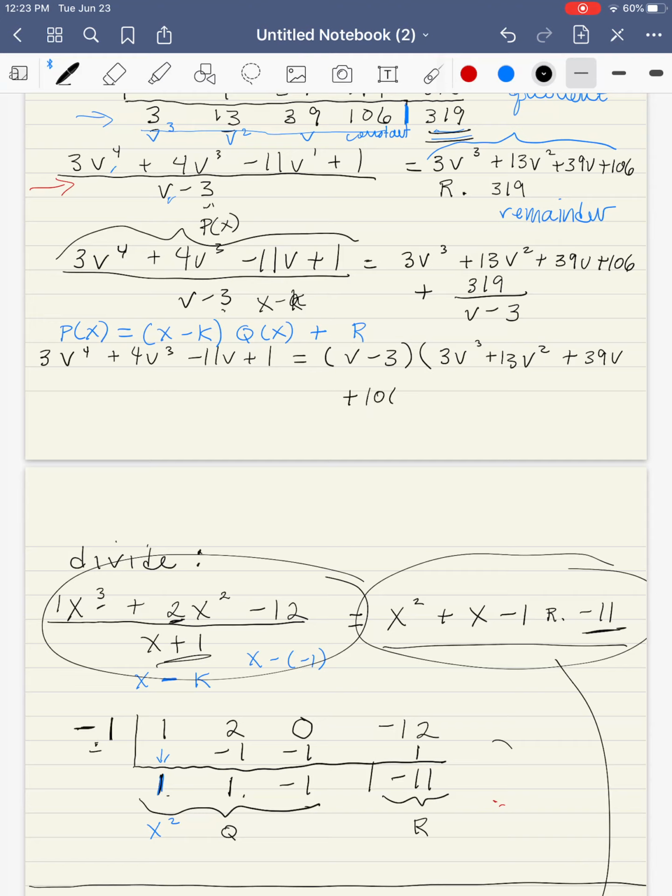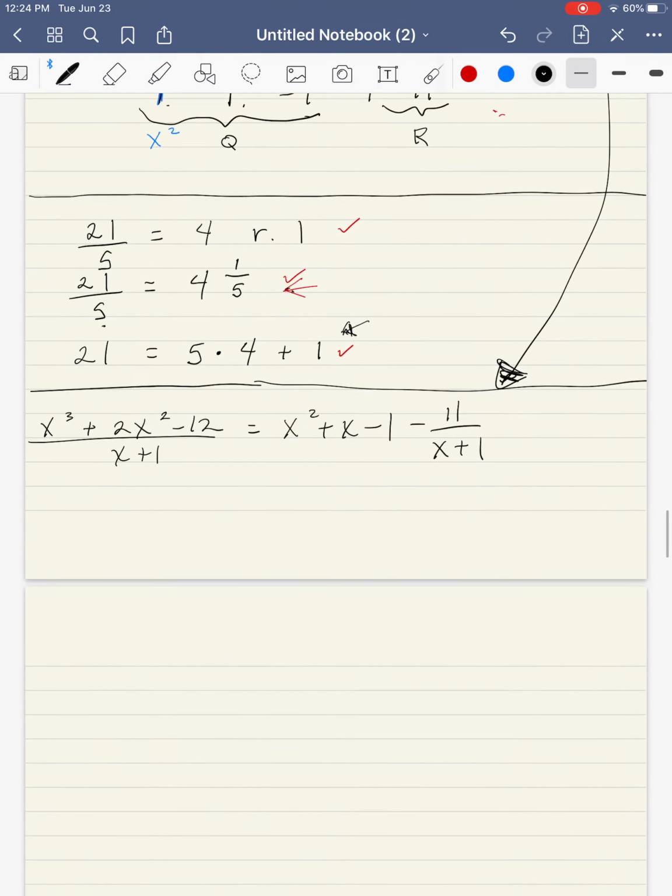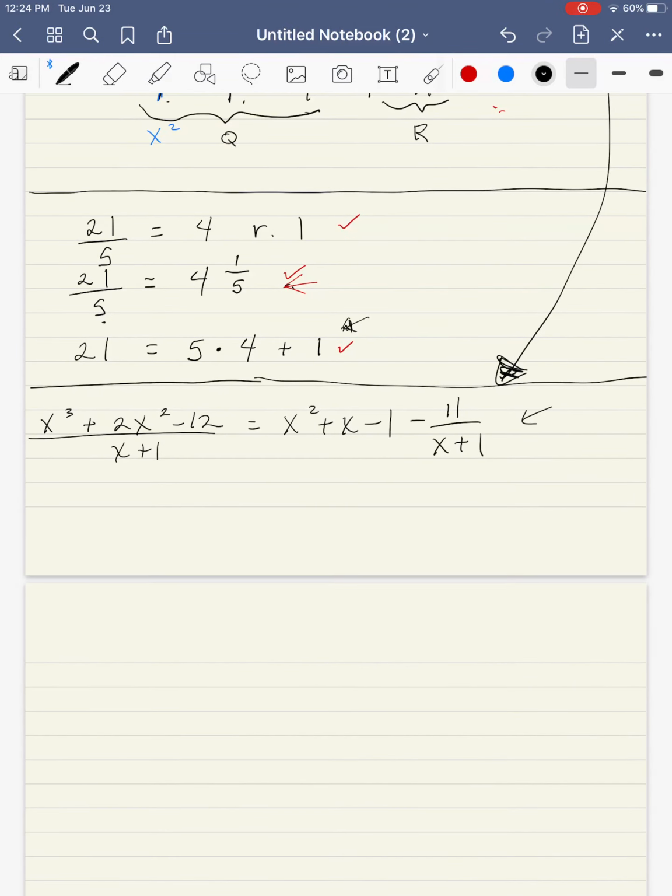And I see my quotient is 3v cubed plus 13v squared plus 39v plus 106 plus my remainder, 319. So if I actually multiplied this polynomial times this polynomial, distributed the v to each one, distributed the negative 3 to each one, got that polynomial, and then added 319, it would equal this original polynomial.